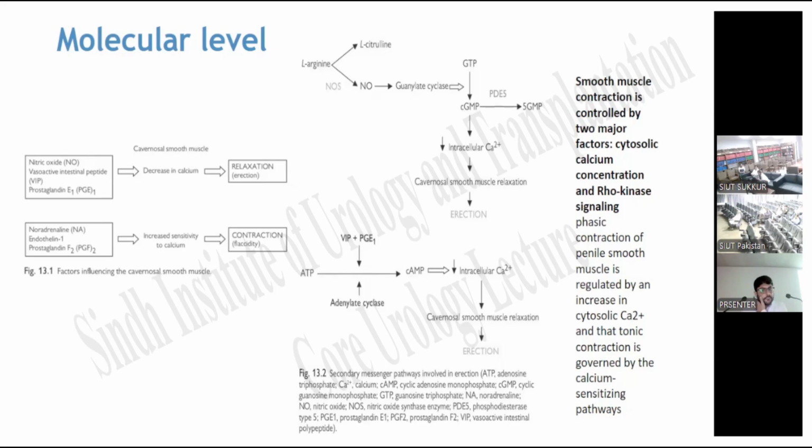It activates guanylyl cyclase, the enzyme that breaks GTP into cyclic GMP, which further causes hyperpolarization via potassium. That leads to the influx of potassium into the cell and the efflux of calcium outside of the cells. That means the intracellular calcium decreases, hence smooth muscle relaxation occurs, and the erection.